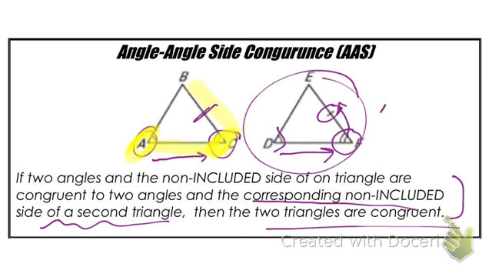So we can say that triangle ABC is congruent to triangle DEF by angle angle side triangle congruence. That's enough information for us to declare that.